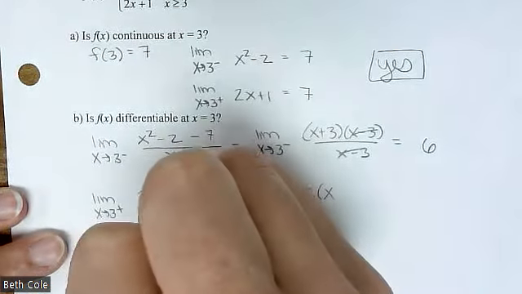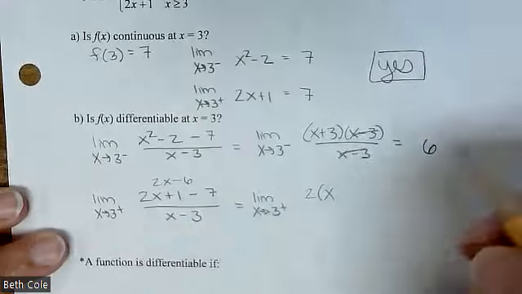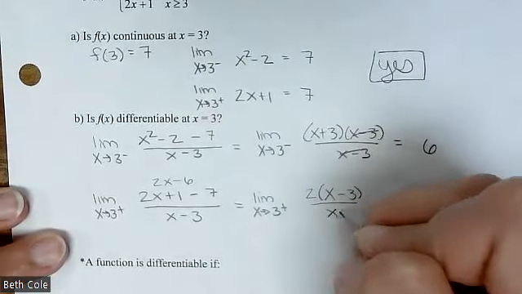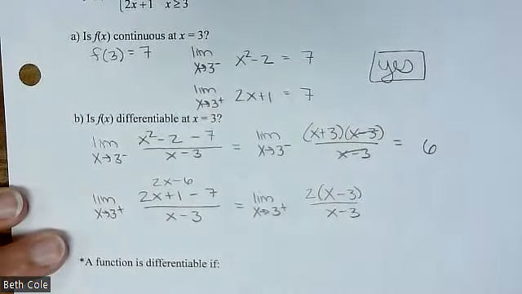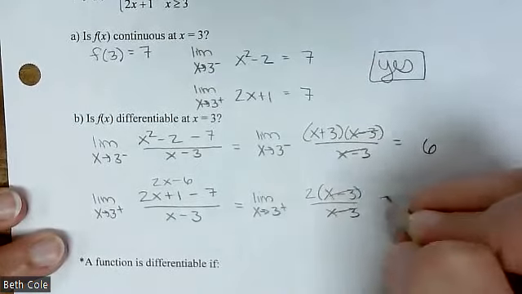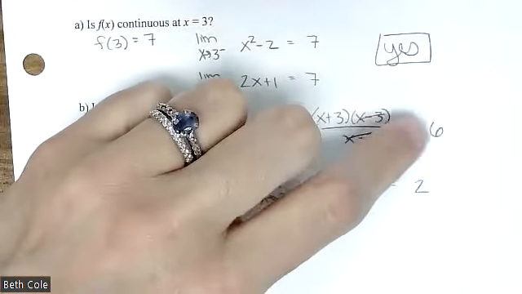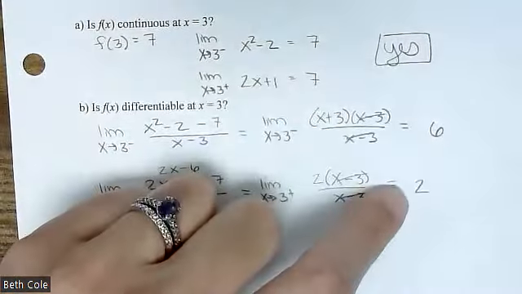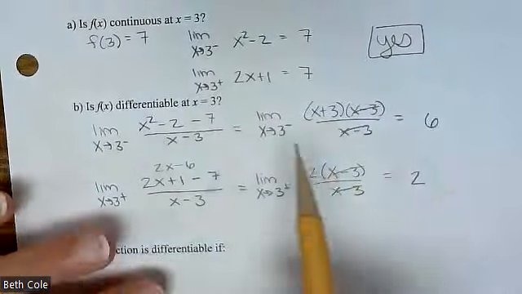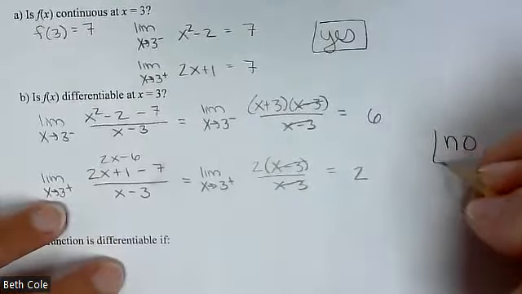If you have 2x minus 6, it's 2 times parentheses x minus 3, which cancels, and so you get 2. So the slope from the left is 6. The derivative from the left is 6. Slope or derivative from the right is 2. So is it differentiable? No.